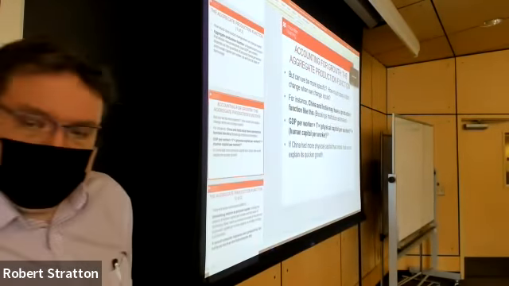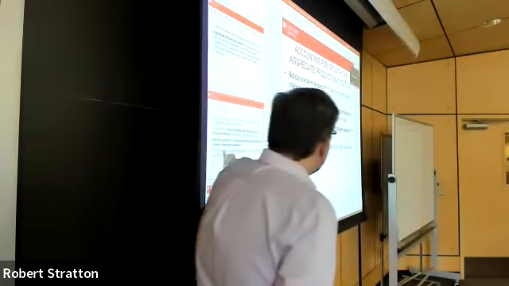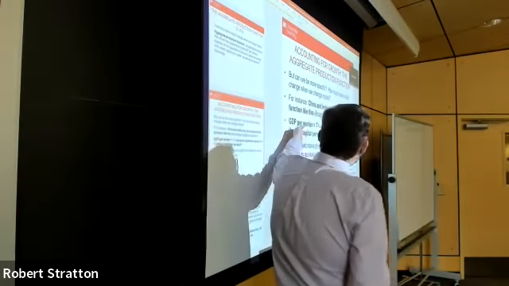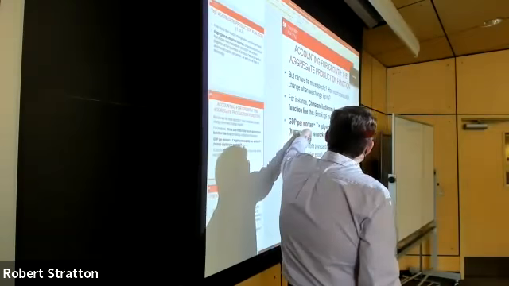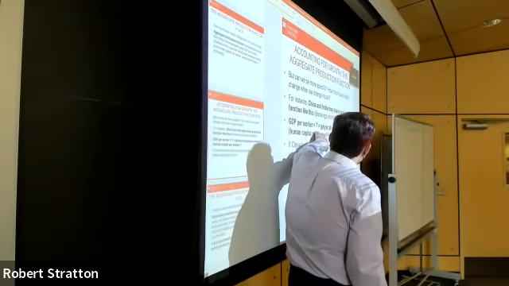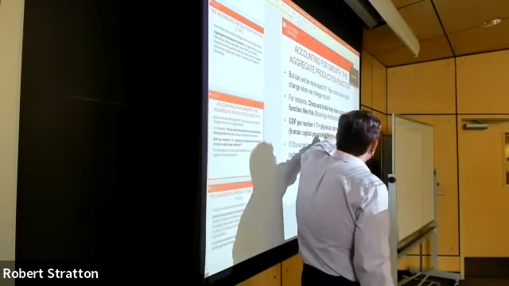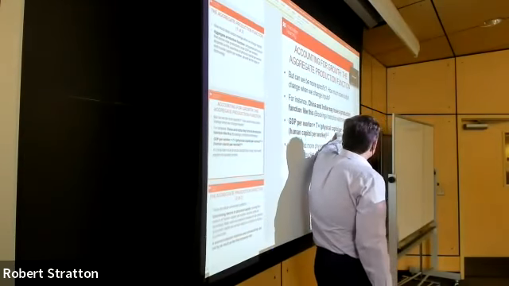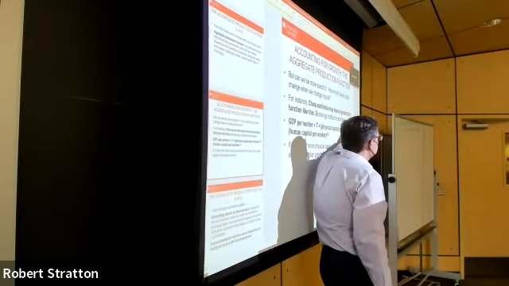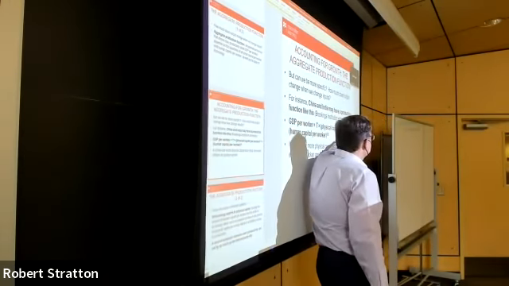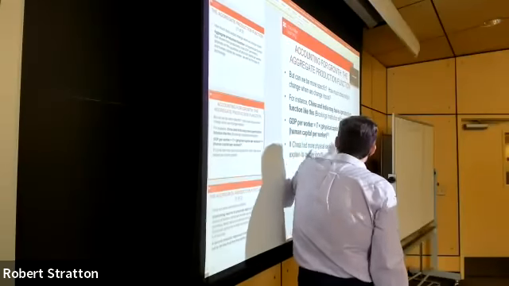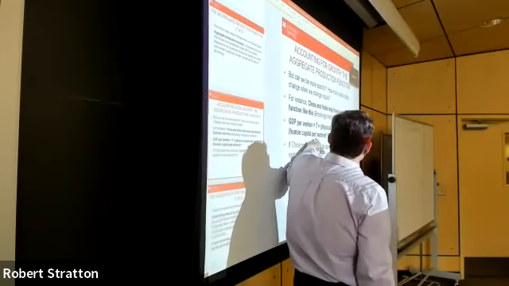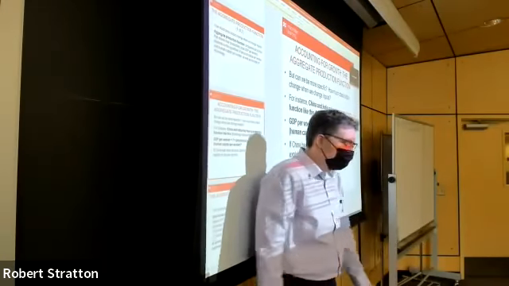Okay, and this is what that function is. GDP per worker is T, which is technology, times physical capital per worker to the power of 0.4, times human capital per worker to the power of 0.6.